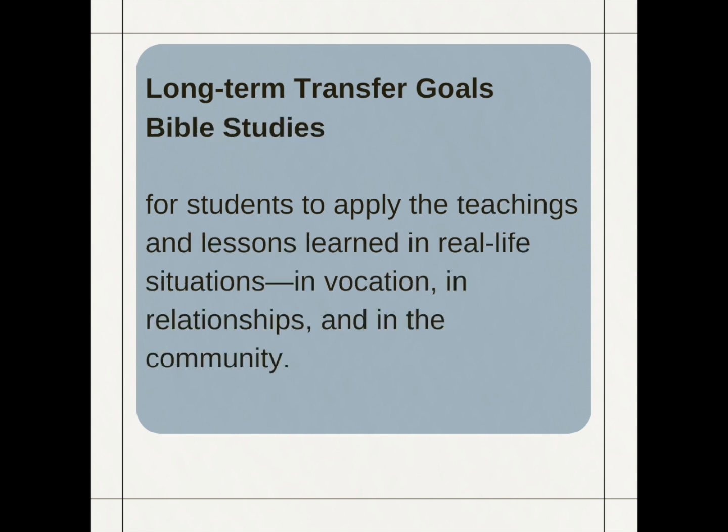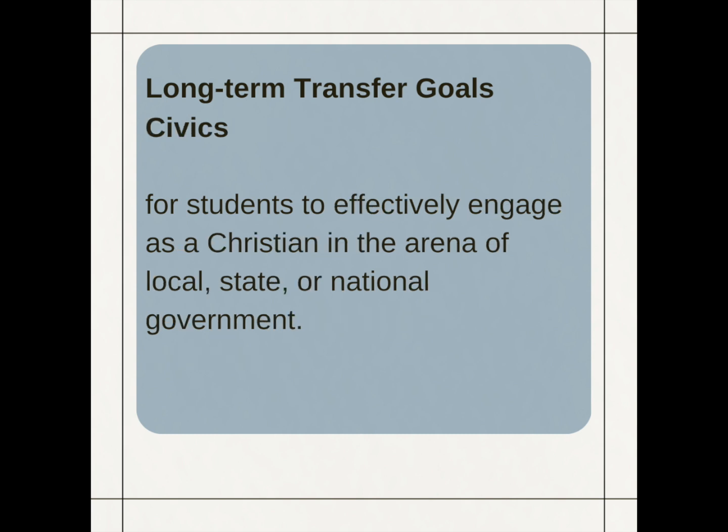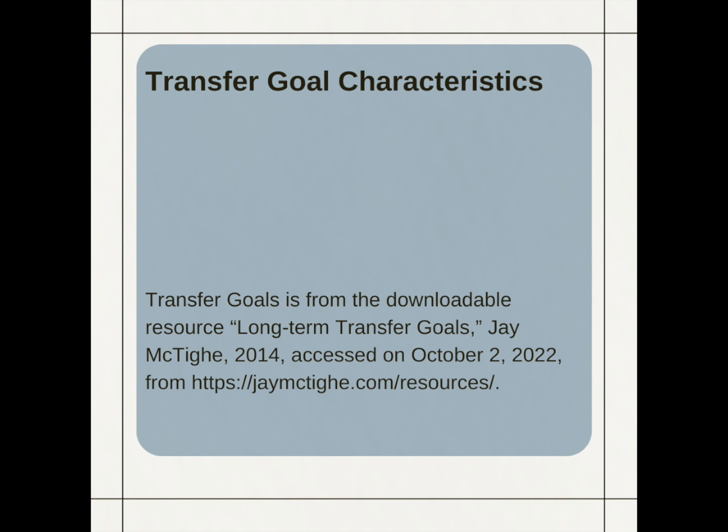A long-term transfer goal for Bible studies would be to apply the teachings and lessons learned in real-life situations, in vocation, in relationships, and in the community. A long-term goal in civics might be to effectively engage as a Christian in the arena of local, state, or national government.